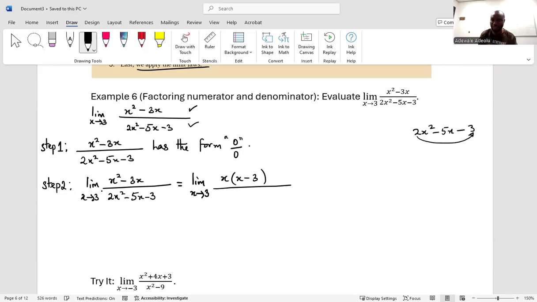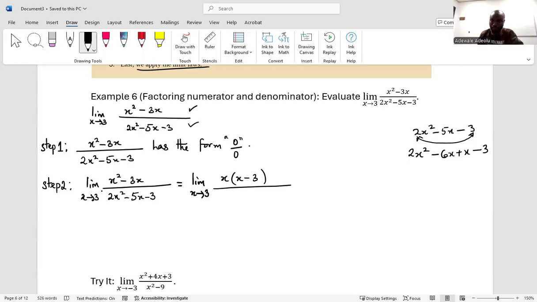You should know how to factorize this at this point. So you have 2x squared, that will be minus 6. So I can have 6 times 1, that is minus 6x plus x minus 3. You should know how to factorize. Or you can pause this and revise how to factorize quadratic expressions.